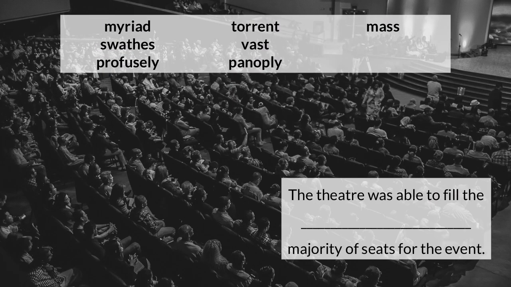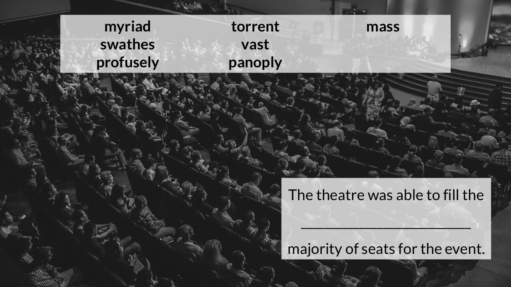And now our final image. Now this auditorium here has pretty much all of the seats filled, but there are a couple that are empty. So we need a phrase that means almost everyone or most of the people. So the sentence here is, the theatre was able to fill the something majority of seats for the event.